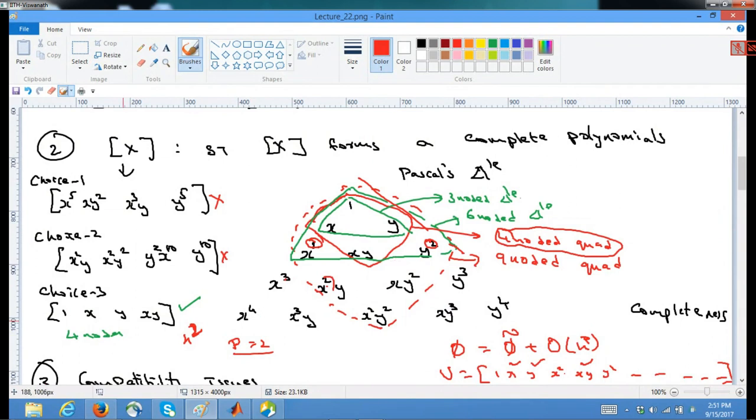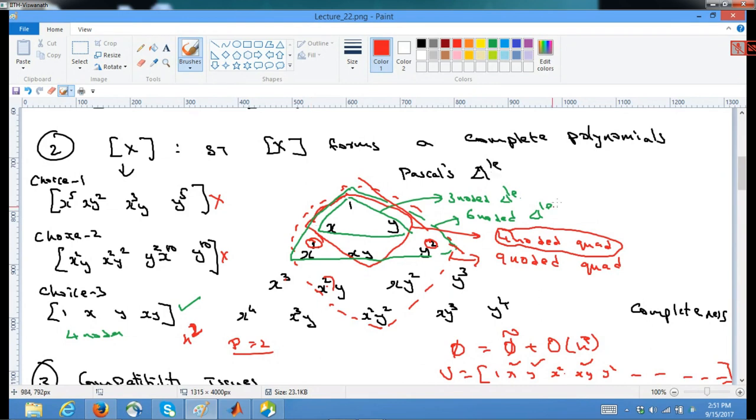Okay, this would be complete up to the first one, so the p2 will go to the second guy. Now for the triangle, Pascal triangle, whatever is the shape of the triangle, the top half would give you a complete polynomial for the choice of 3-noded triangle or a 6-noded triangle.